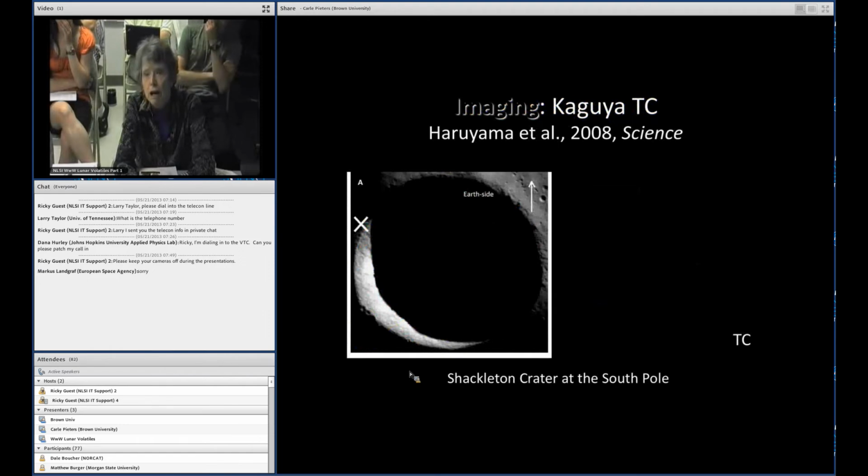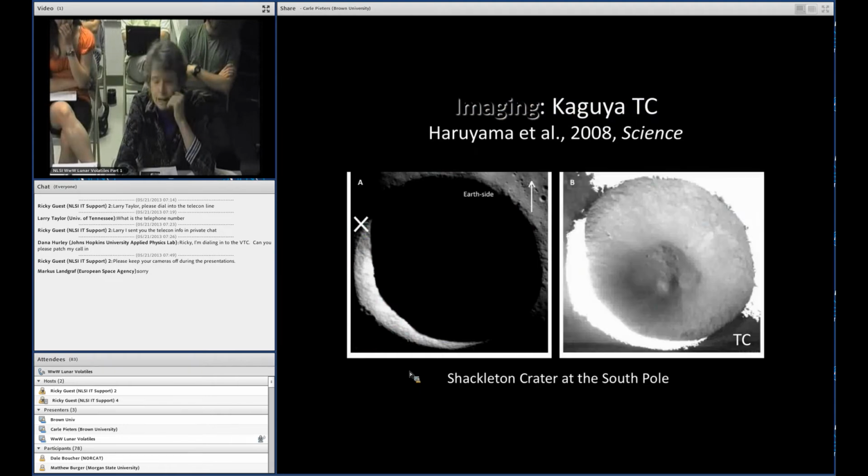And what Haruyama was able to eke out of the terrain camera imaging was to look into the shadow and pick up the scattered light from that little rim of illuminated solar radiation, and look into the interior of Shackleton crater.